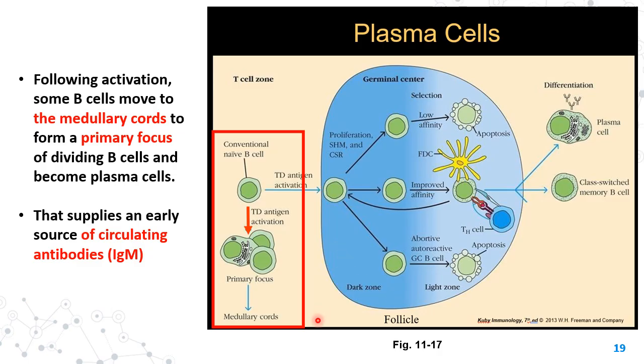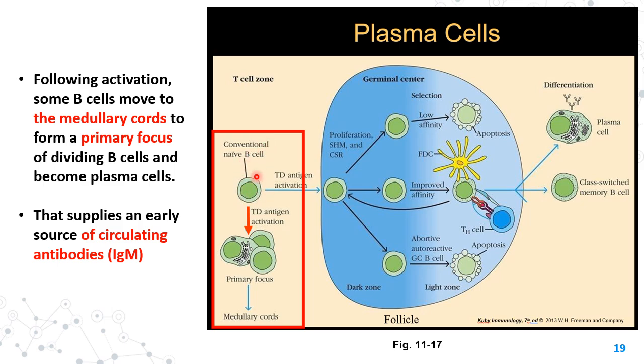So here is this paracortical area. This is really the part where you see your T cells hanging around. So this area here that you have your germinal center is where the B cells are. But outside of this area is this peripheral area where your T cells like to hang around. But we are talking here really about your B cell type of differentiation, right?